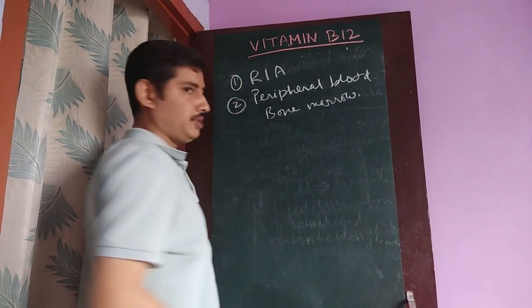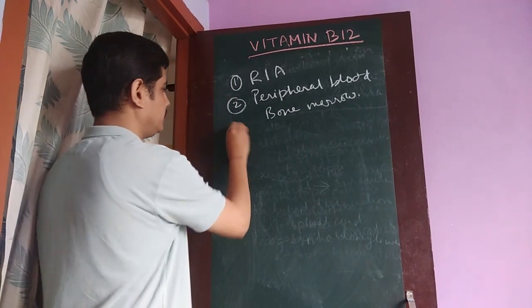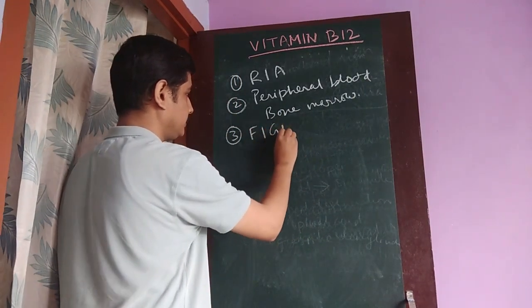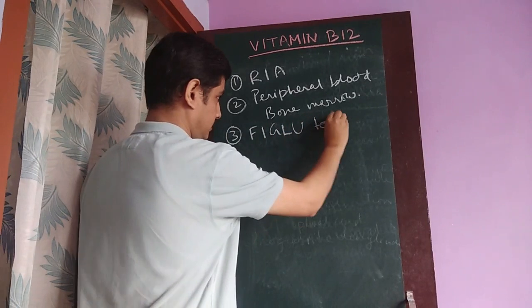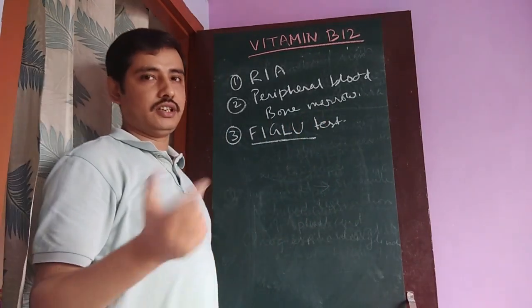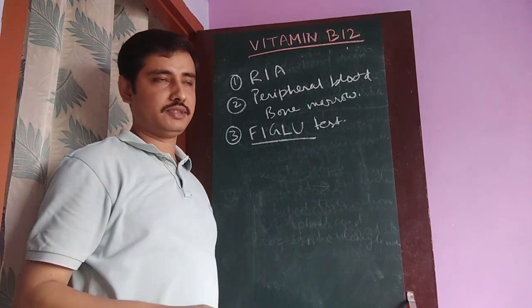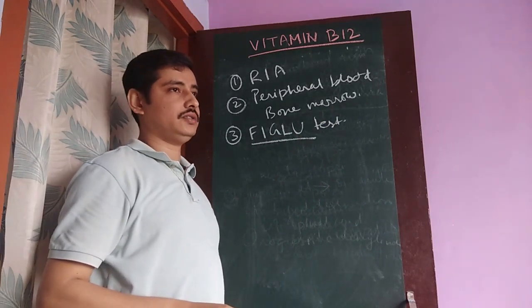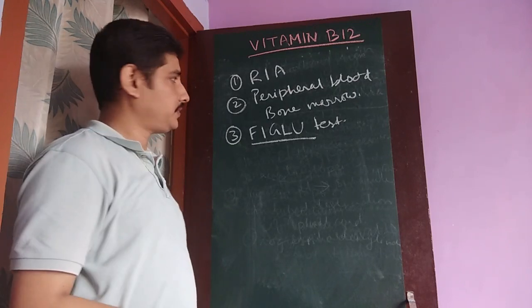Number 3, there is a test known as the FIGLU test. The full form of FIGLU is formiminoglutamic acid, which we already covered in the tryptophan metabolism class. So I will not go into the details of the FIGLU test.